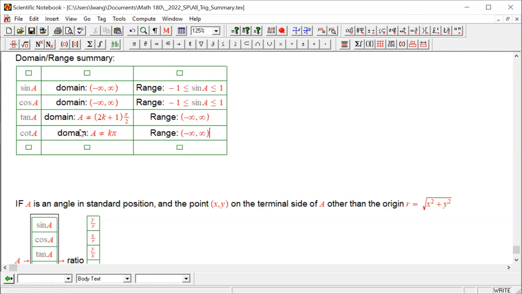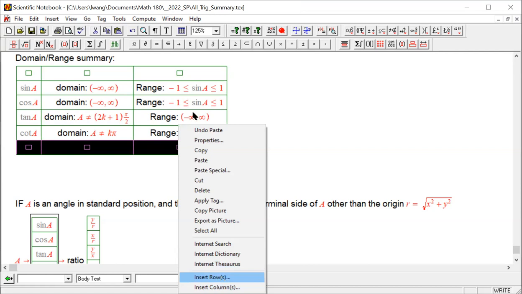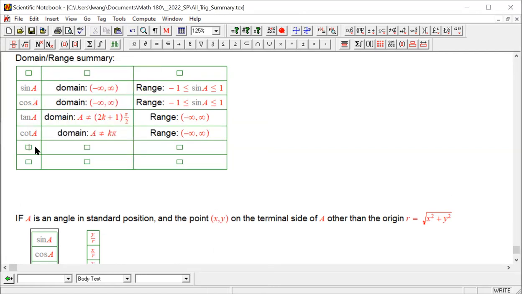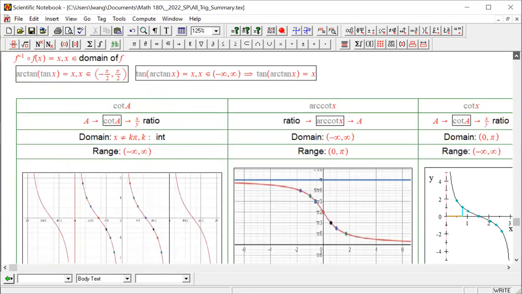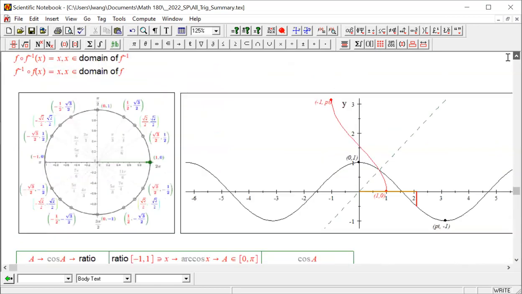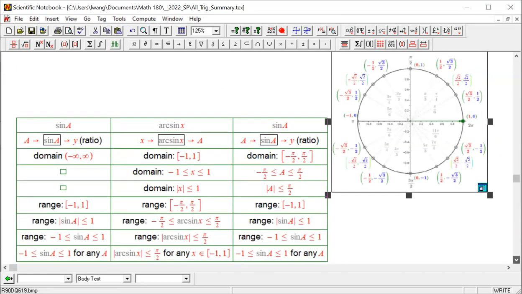So our question is, what is the domain and range for cosecant and secant? We'd like to have some discussion. Recall that when we make decisions about these, I'm going to bring the unit circle with us.